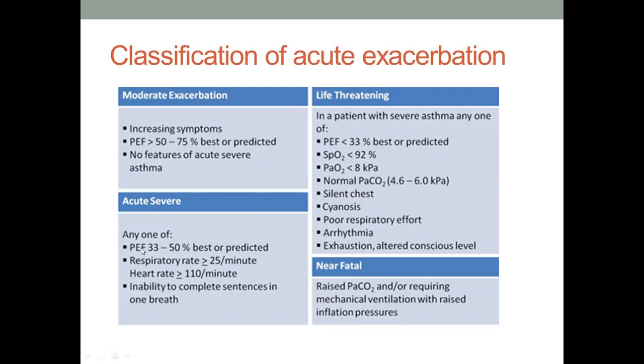The peak expiratory flow rate will be between 33 to 50% of predicted. The respiratory rate will be more than 25 per minute, heart rate more than 110 per minute, inability to complete sentences in one breath. So you should know what is moderate exacerbation of asthma, acute severe, life-threatening, and near fatal asthma.